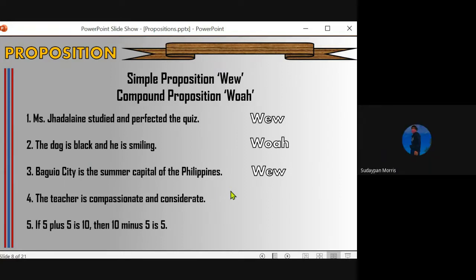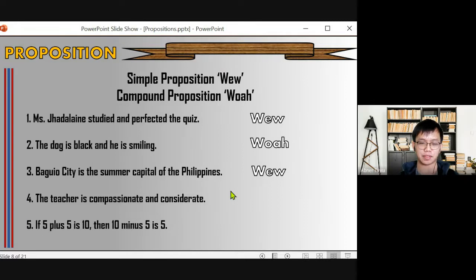Okay, so you're good. It is a simple proposition. So again, it is similar with number 1. It cannot express a single thought even though we have here a connector or conjunction and. So number 4 is a simple proposition.